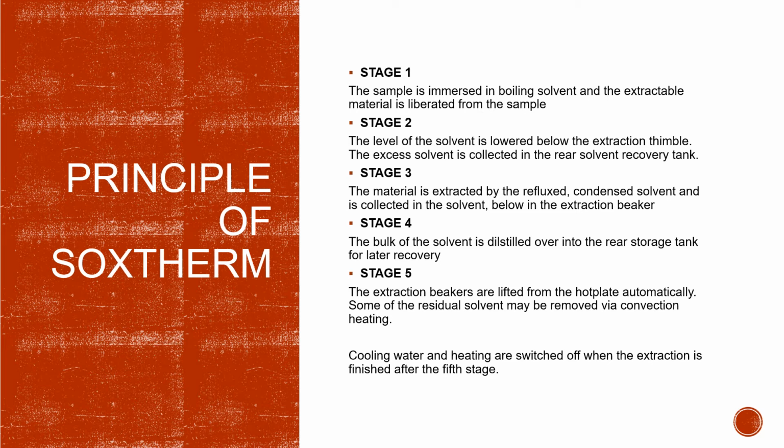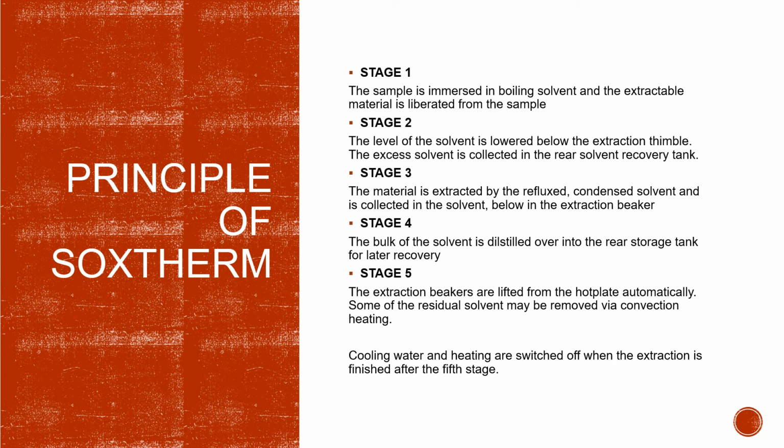The excess solvent is collected in the rear solvent recovery tank. For stage 3, the material is extracted by the reflux, contains solvent, and is collected in the solvent below in the extraction beaker. For stage 4, the bulk of the solvent is distilled over into the rear storage tank for later recovery.